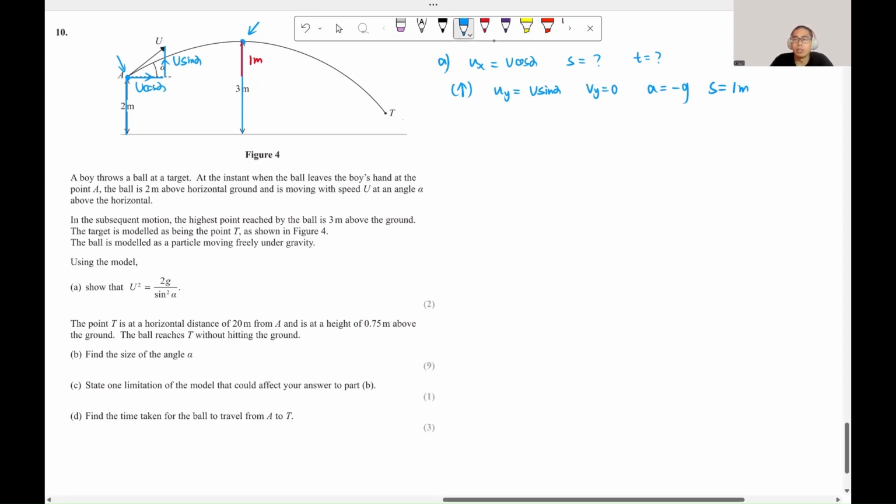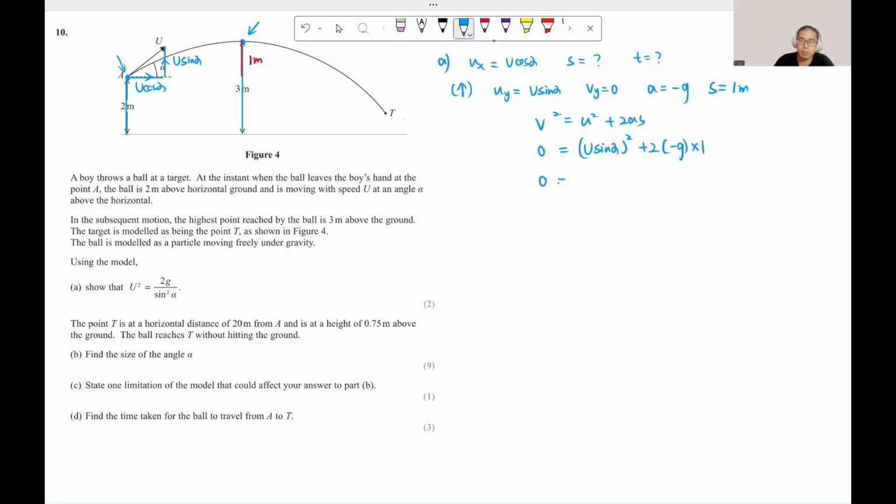Okay, so v, u, a, s. It has to be v squared equals u squared plus 2as. So v equals 0. u is u sine alpha, and we square that. And then plus 2 times a, which is negative g, times s, which is 1.